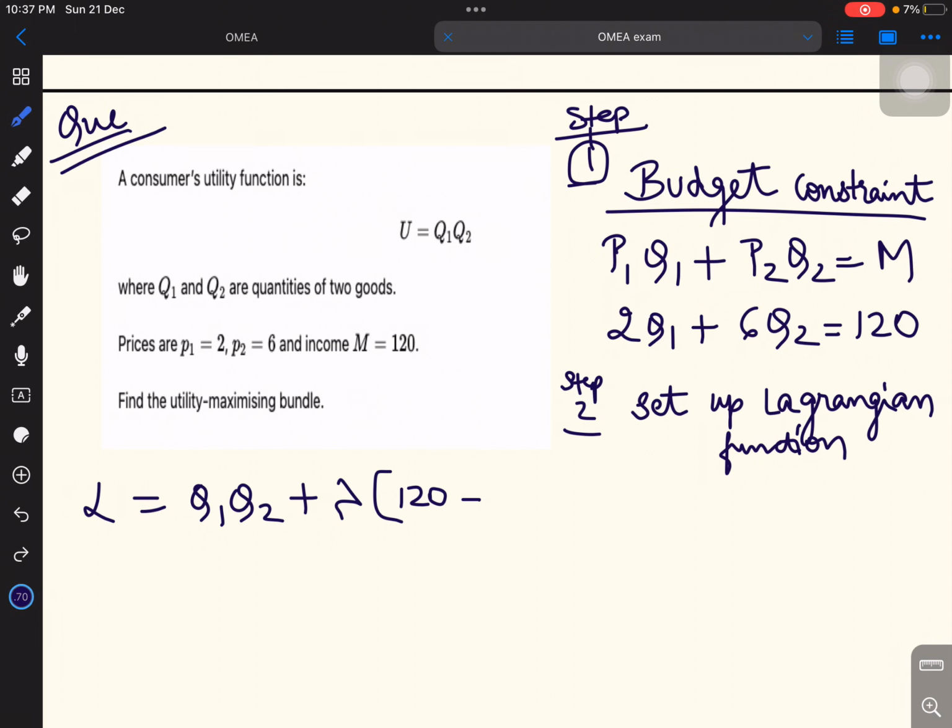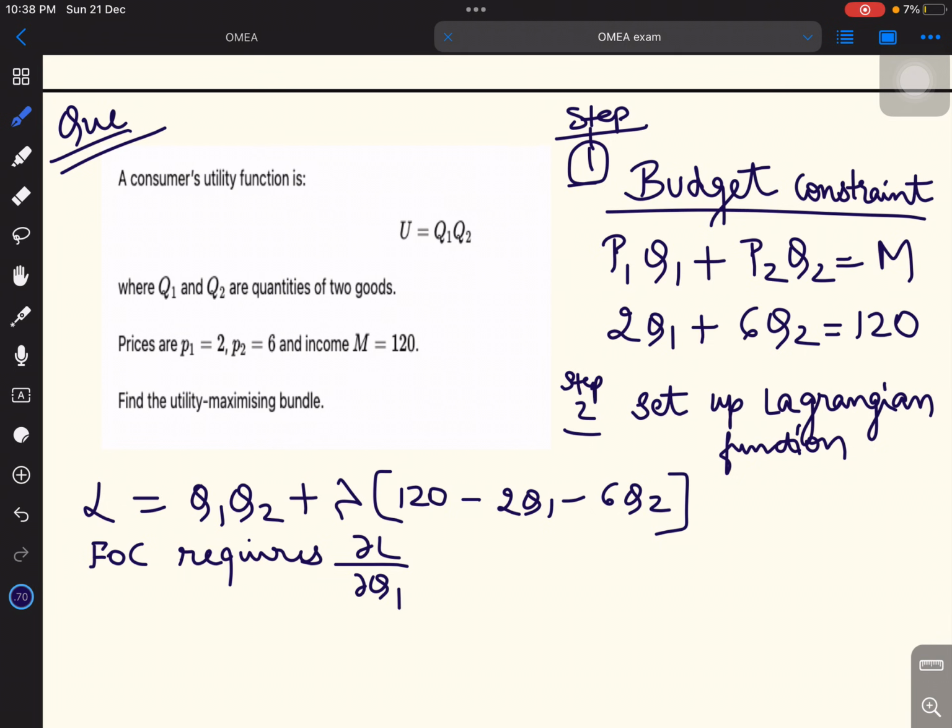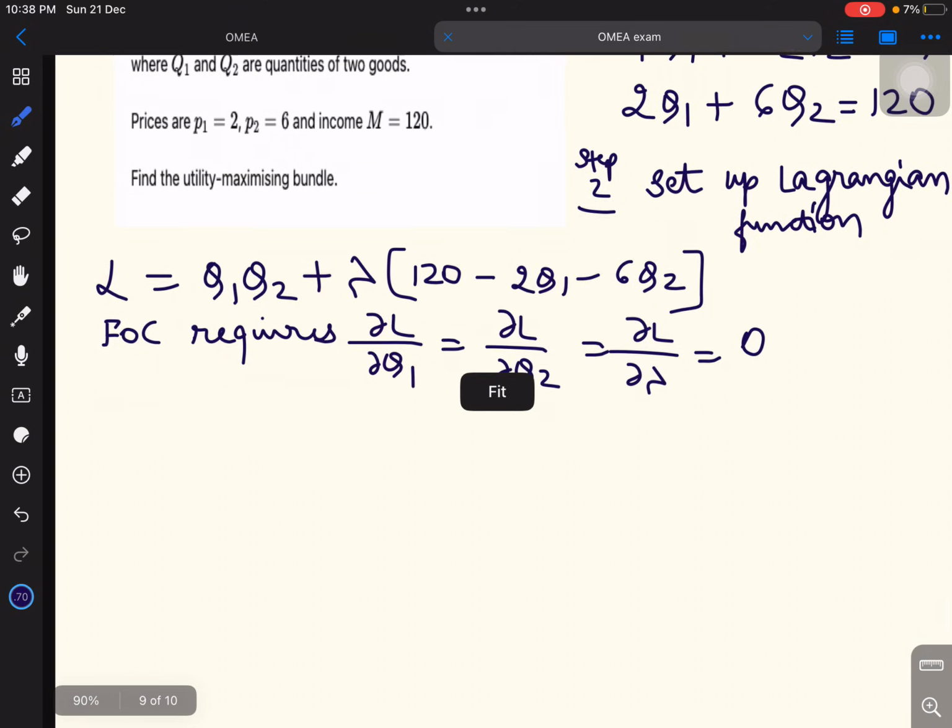So this will become 120 minus 2Q1 minus 6Q2. This is our Lagrange. Now the first order conditions require delta L by delta Q1, delta L by delta Q2, and delta L by delta lambda, all equal to 0.